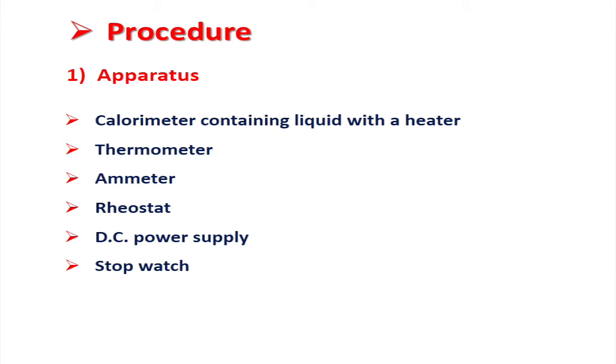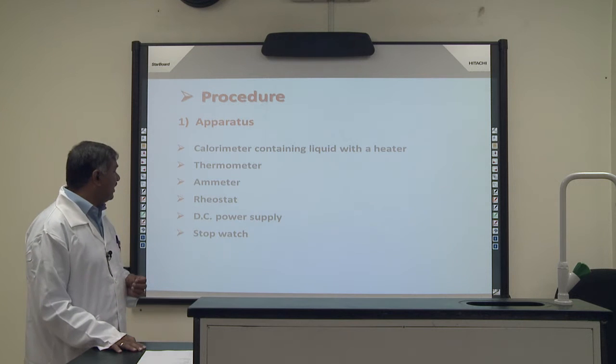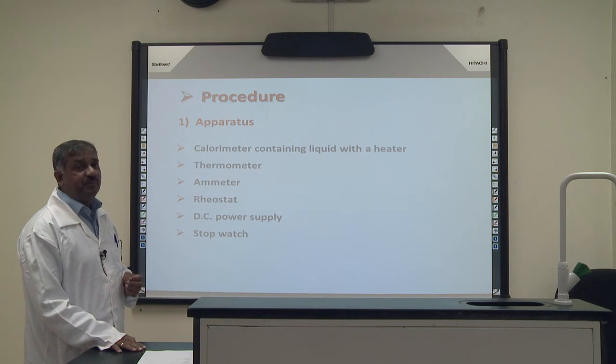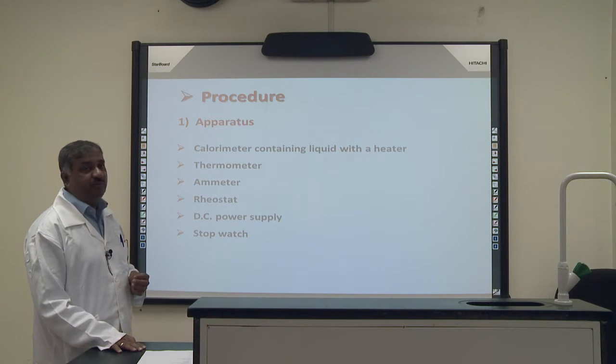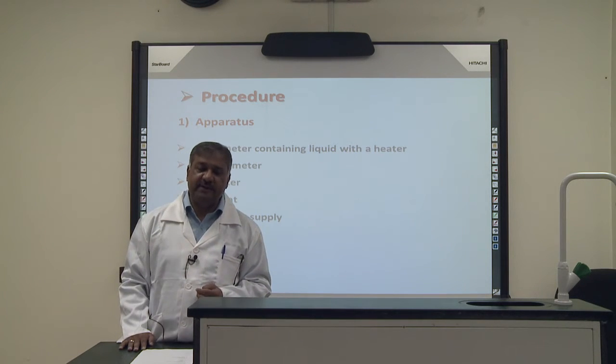In the last experiment we have done this ammeter, and we are using the same here. The rheostat is also the same device we used in experiment number 5. Then a digital power supply, and the last one is the stopwatch. So we are moving towards the apparatuses.